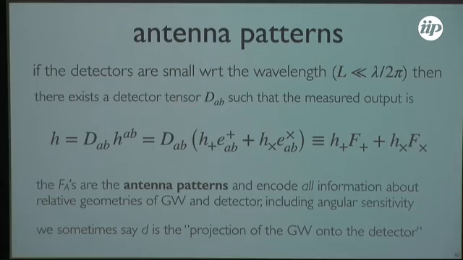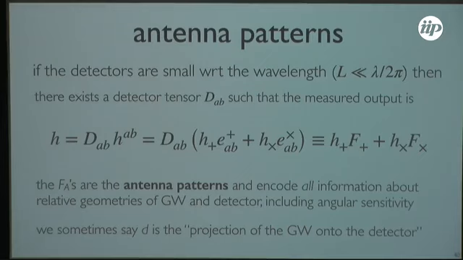Remember, this tensor h_ab encodes the directions in which the gravitational wave is stretching and squeezing space, and you want to project that onto your detector. So with the detector tensor, the readout from the interferometer is really just the inner product between the gravitational wave tensor and this detector tensor. And then this gravitational wave tensor, again, you can decompose into a plus and a cross part, just the two polarizations.